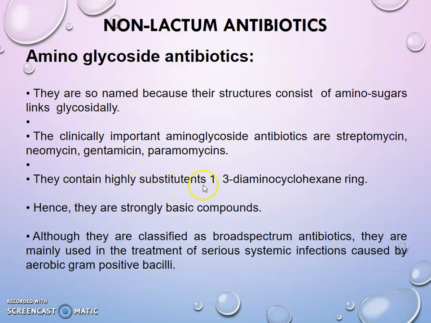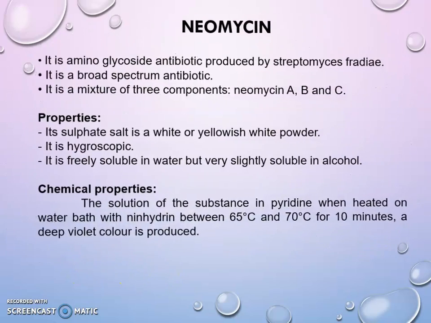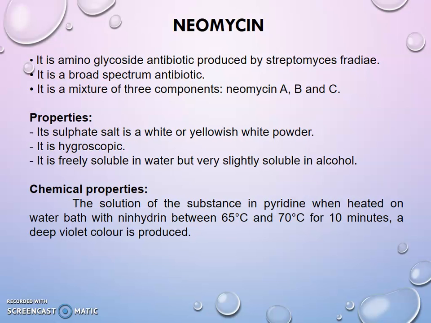They are highly substituted 1,3-diamino cyclohexane rings. Hence, they are strong basic compounds. Although they are classified as broad-spectrum antibiotics, they are mainly used in the treatment of serious systemic infections caused by aerobic gram-negative bacilli. Let's start with the individual drugs for their monograph.